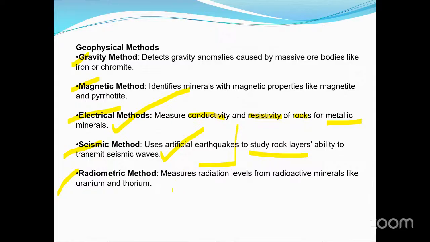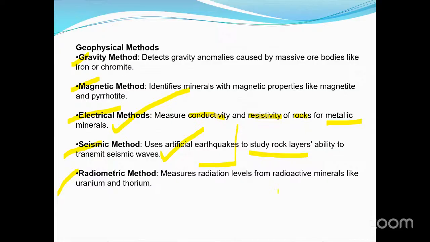Whereas the radiometric method measures radiation levels from radioactive minerals like uranium and thorium. Particularly in uranium and thorium exploration, radiometric methods are used.